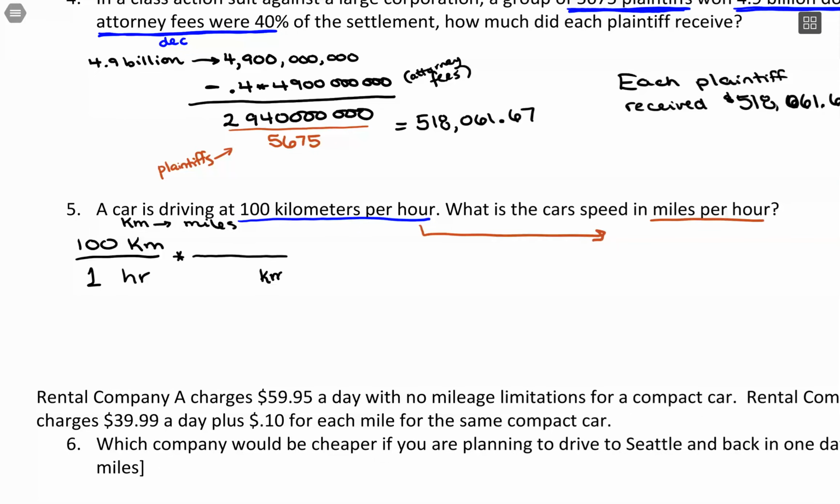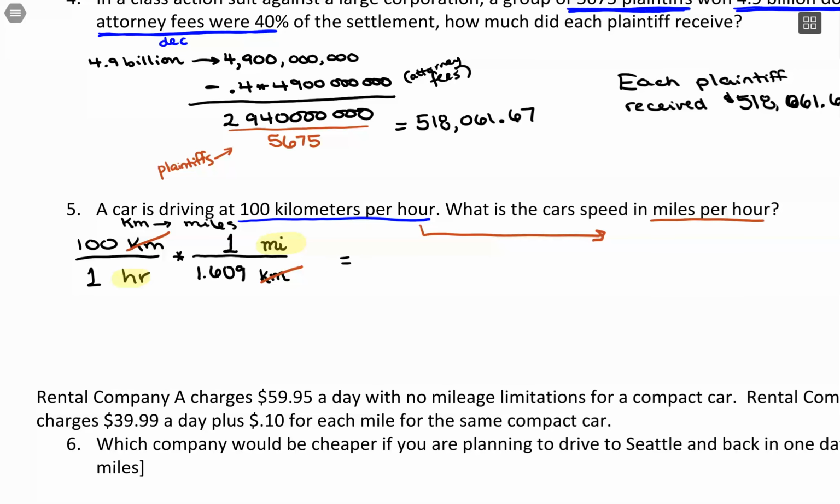We want to get rid of kilometers, so put that in the denominator, and we want units of miles. The conversion goes for 1 mile, there's 1.609 kilometers. So when we do that, kilometers will cancel out, and then we'll have miles in the numerator, hours in the denominator, just as we like.